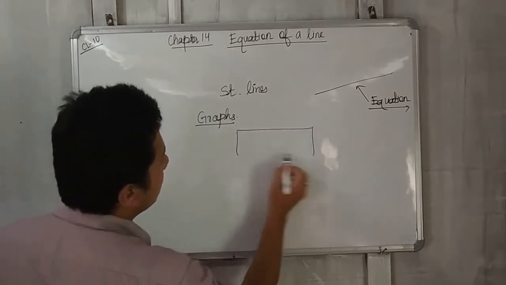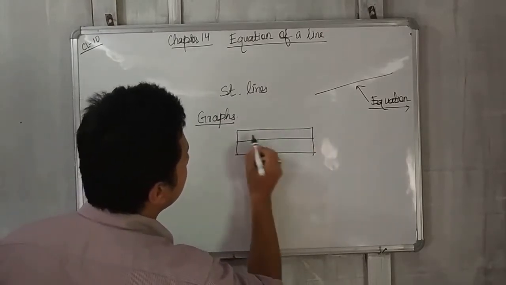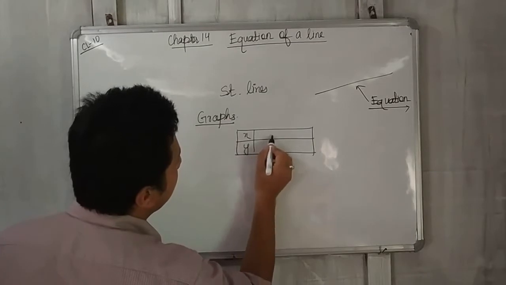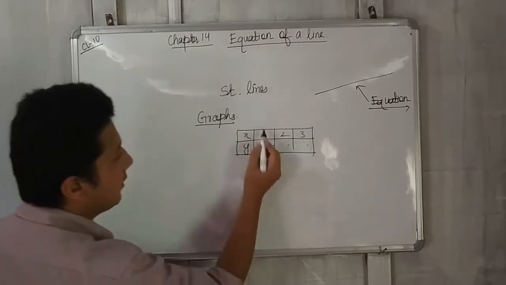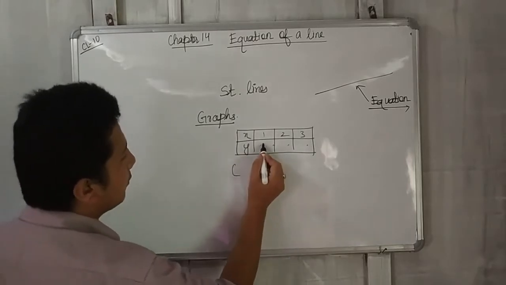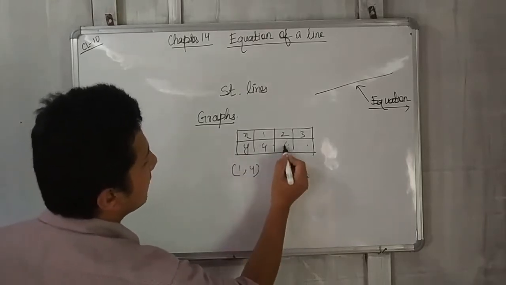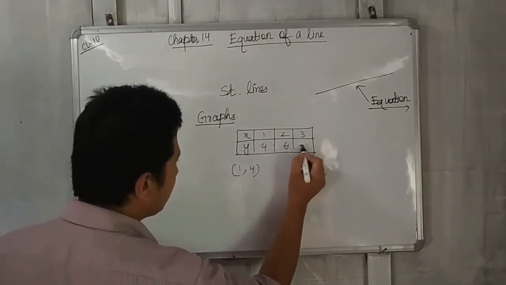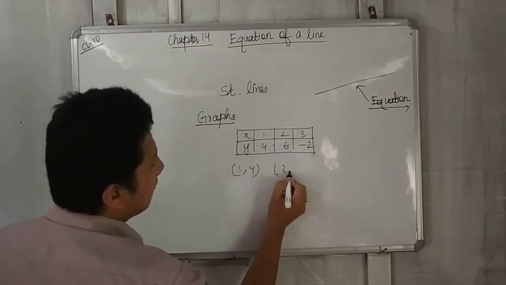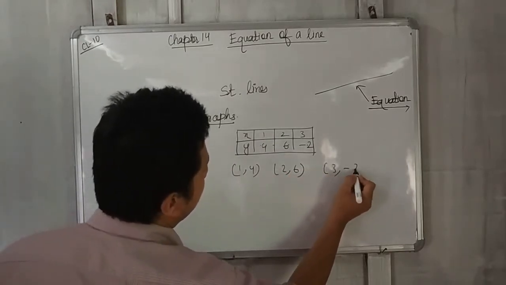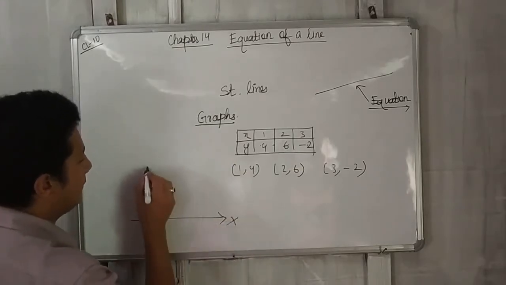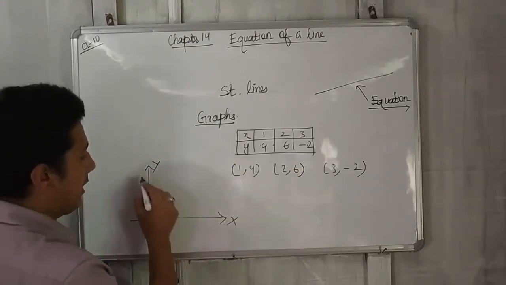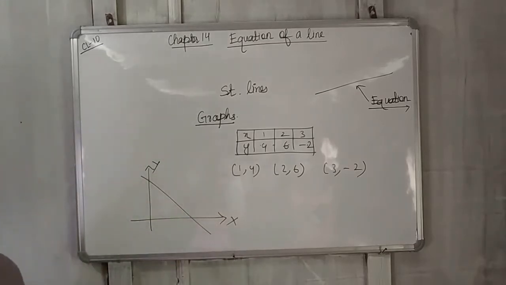Do you remember this type of box, x, y, with the values of x and y as 1, 2, 3 and some other values, with taking this point 1, suppose 4, or 2, 6 and 3, -2, all these pairs, with taking all these pairs we used to draw straight lines in our x and y axis. You remember? And those are the straight lines.